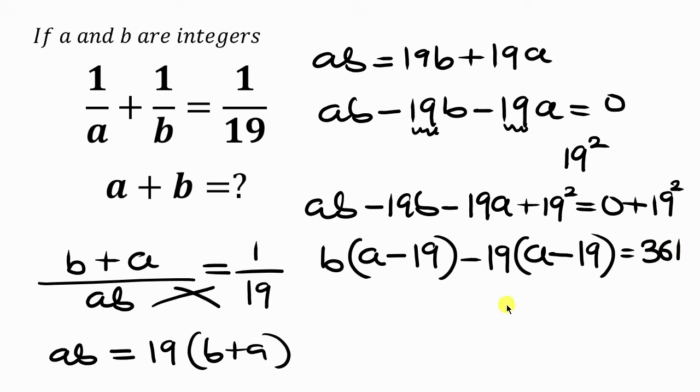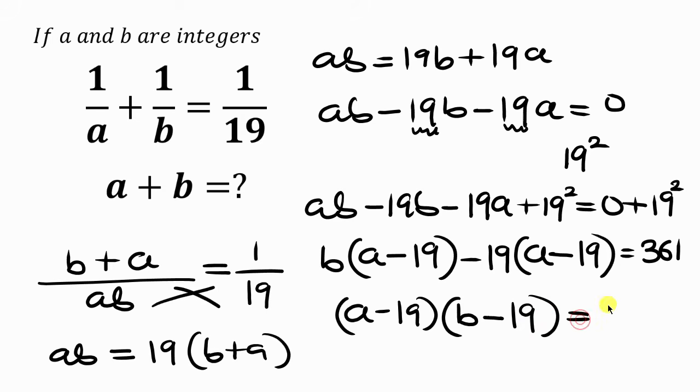361. And now notice that A minus 19 is common. So we can factor out A minus 19. And then open brackets. Now here, B remains, minus here, 19 remains. And this is equal to 361.